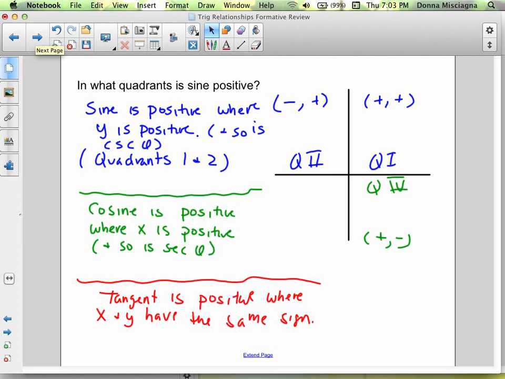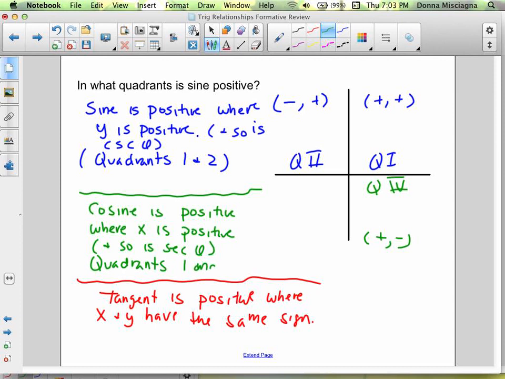So cosine is positive, and its reciprocal secant is also positive in quadrants 1 and 4. And then lastly, tangent is positive where x and y have the same sign.